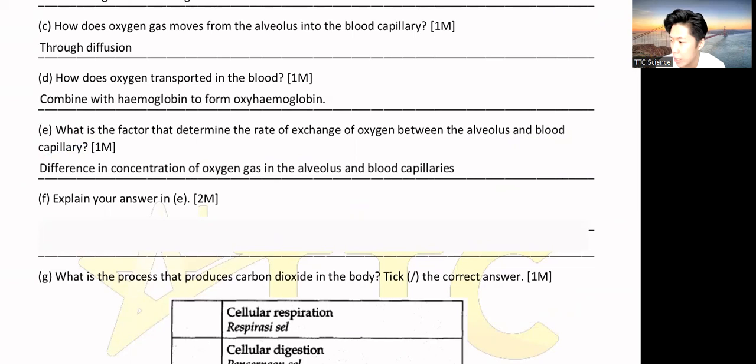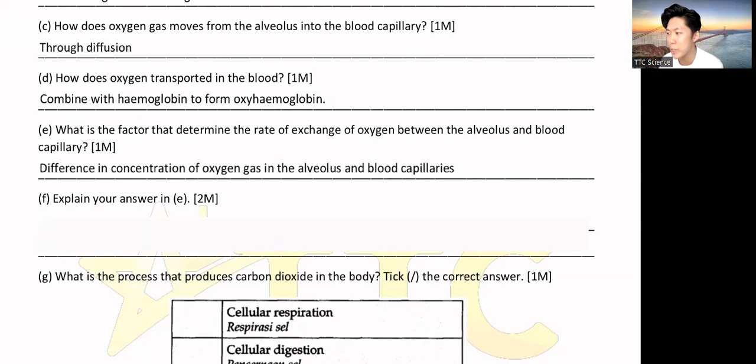Okay, I thought that's it, but we still have to answer why. Explain your answer. Okay, very simple. Now we have to lay out examples. If the blood capillary is low concentration, then the oxygen will diffuse from the alveolus into the blood capillary very quickly. Does that make sense to you?